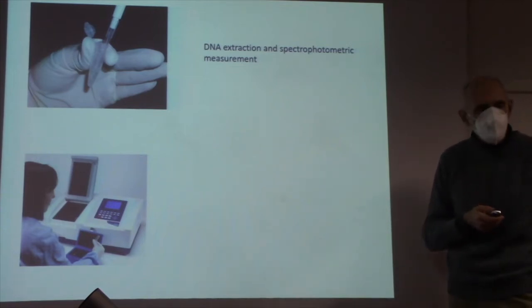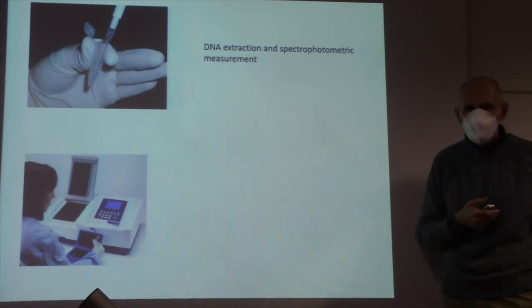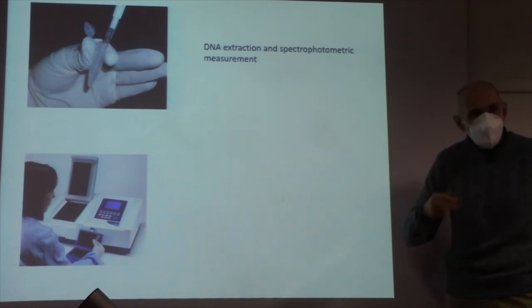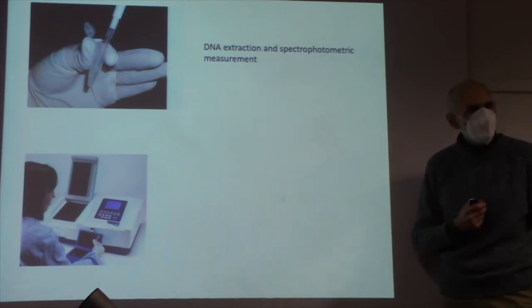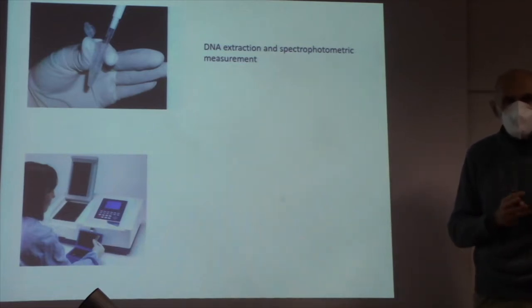So there is a considerable variability in the results you get. And because we are looking, in fact, for a small difference between, say, 2N and, say, 3N, so plus 50%, variability is an issue here. We need to have a very accurate method.